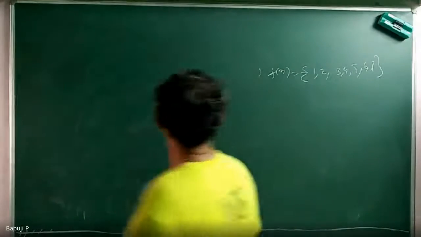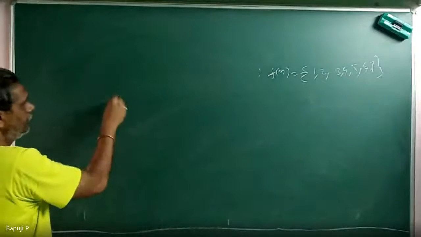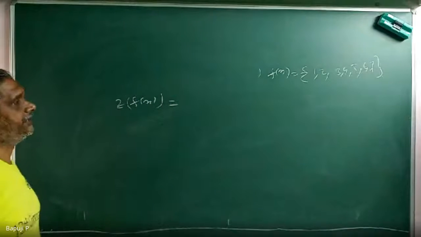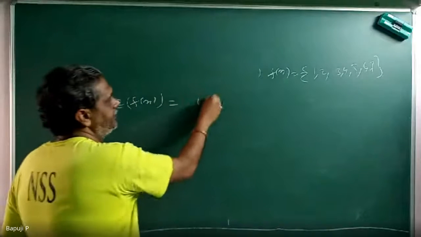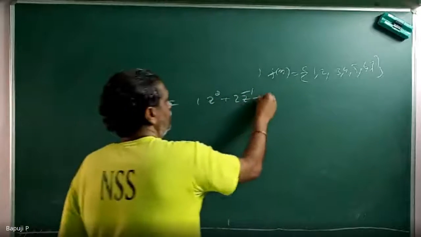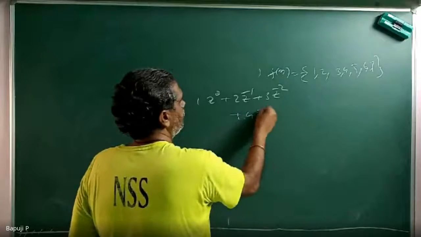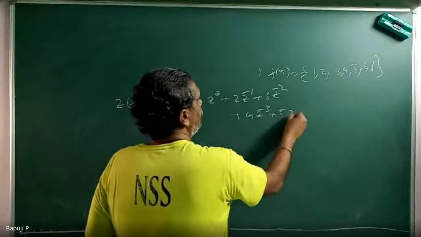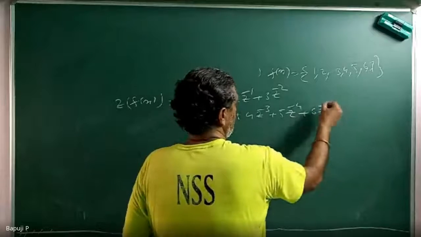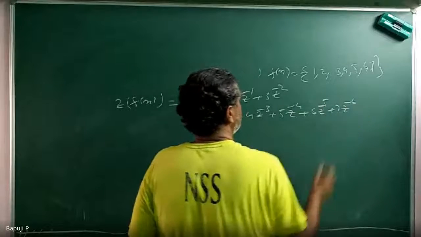Now write that statement, so substitute what you get. So it is 1 into z power 0, plus 2 into z power minus 1, plus 3 into z power minus 2, plus 4 into z power minus 3, plus 5 into z power minus 4, plus 6 into z power minus 5, plus 7 into z power minus 6.